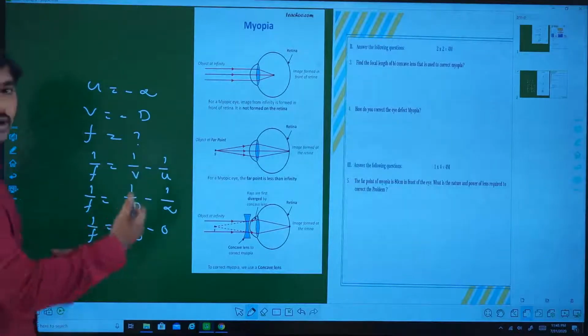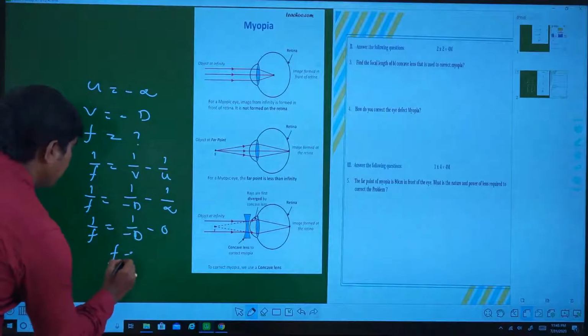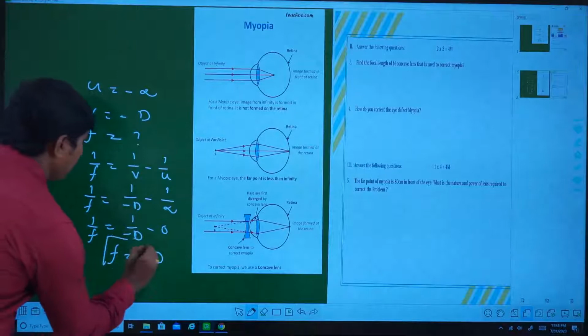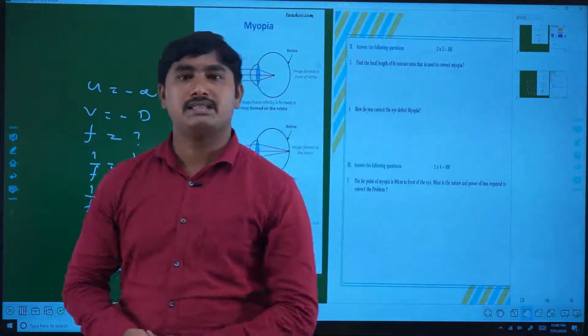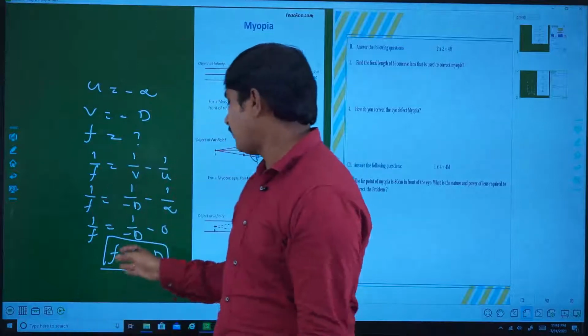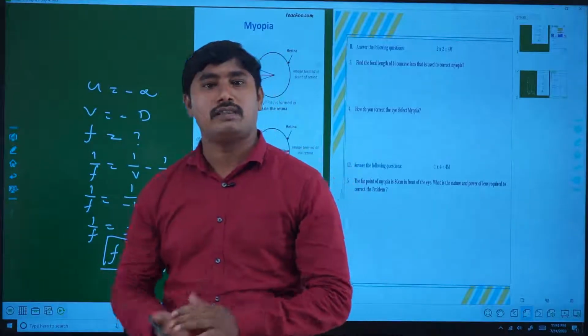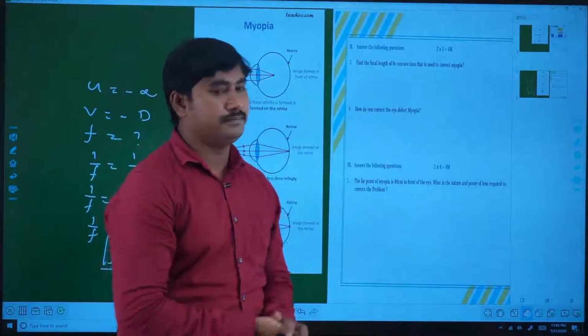Now take the reciprocals: focal length f is equal to minus d. So this is the focal length of the concave lens. The image distance is d and the focal length is also d only. This is question number 3.